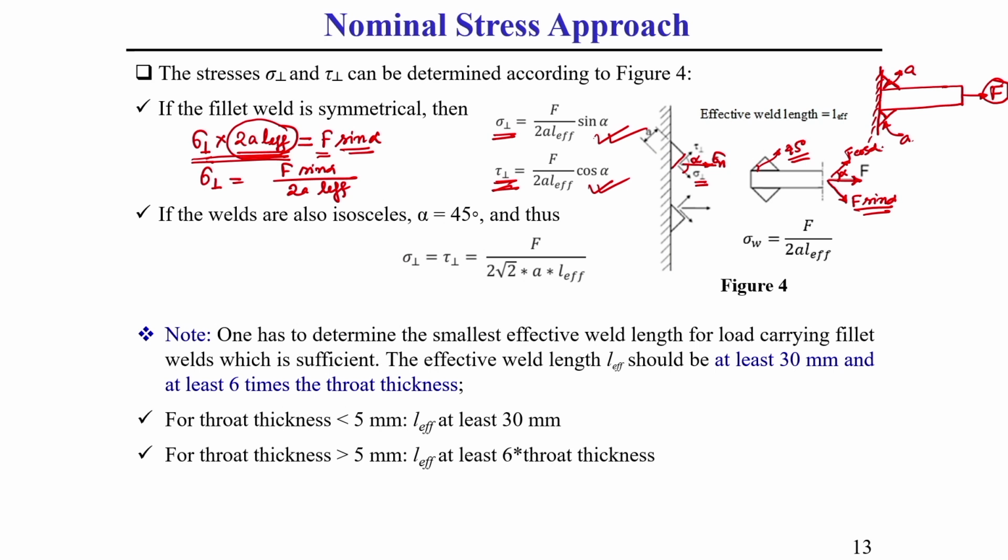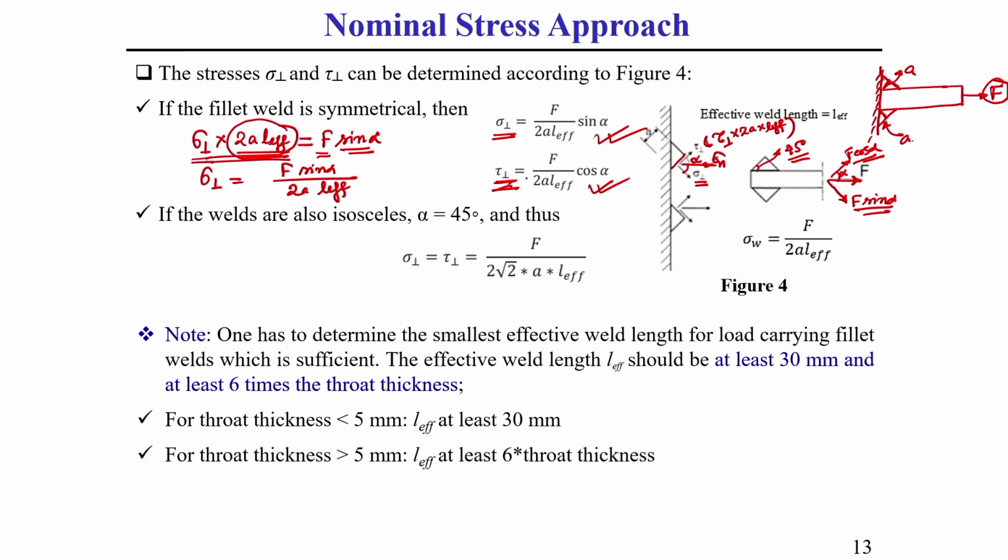Due to the shear stress, what is the force we will get? This force will be tau T into 2A into L effective, correct? This is the force along the shear plane. This force will be balanced by F cos alpha.